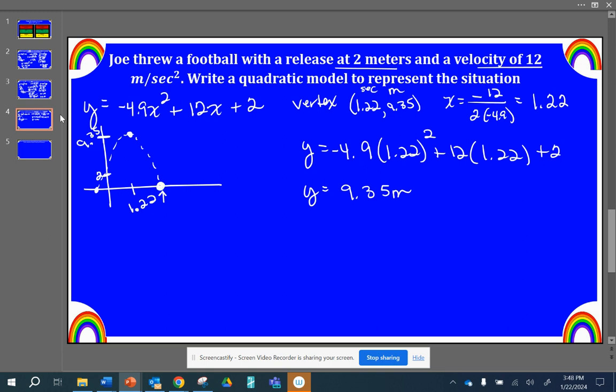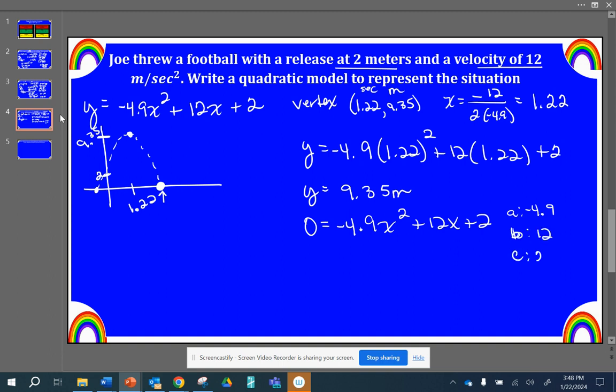Now let's see how long it takes to hit the ground. So that's when y is 0. So at 0 meters off the ground, what is the x value? So I'm going to use the quadratic formula. Remember, when you use the quadratic formula, your equation must be equal to 0. Our a value is negative 4.9. B is 12.